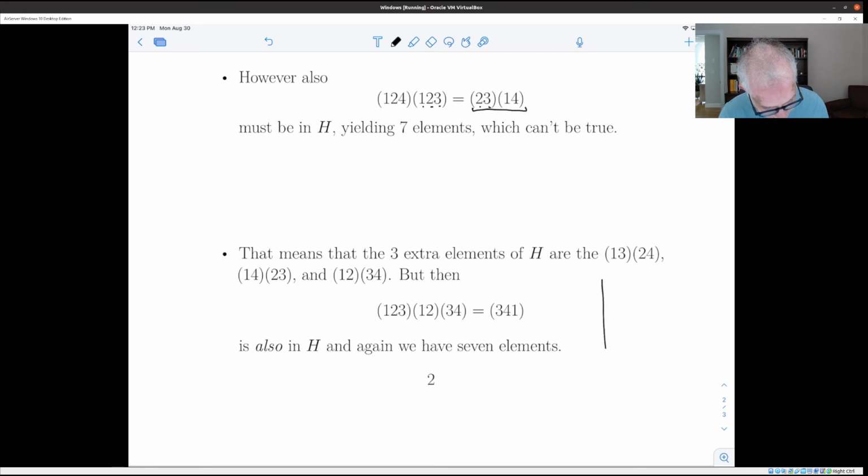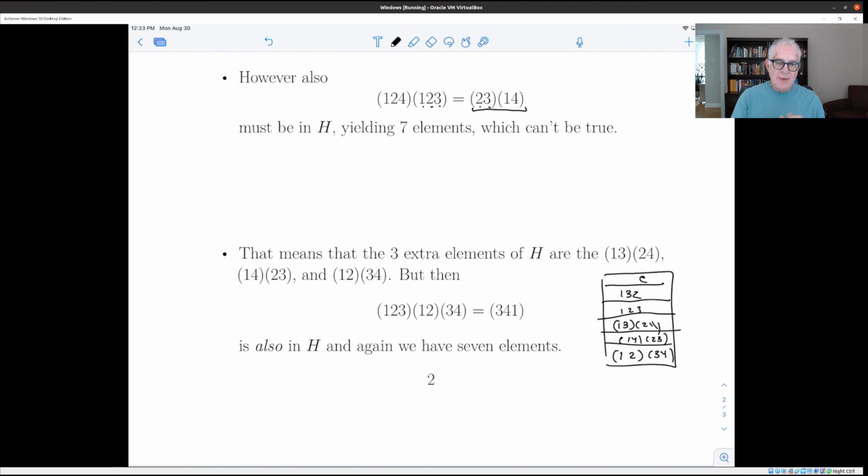So our picture here is that H looks like the identity, (1 3 2), (1 2 3), and then also (1 3)(2 4), (1 4)(2 3), and (1 2)(3 4). And that's 6 elements, and we think, okay, great.